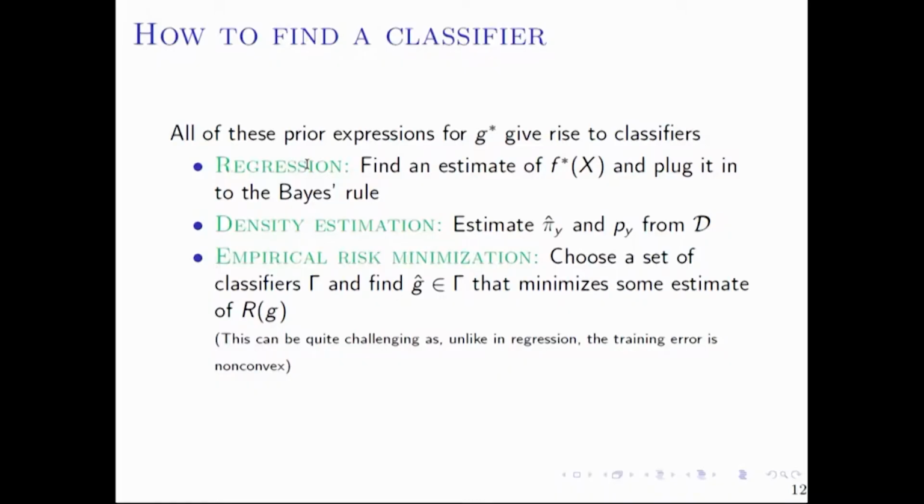Other than this, we can do other things, where we'll estimate the class density from the data D. We'll learn it later. So first we'll focus on these regression based things.